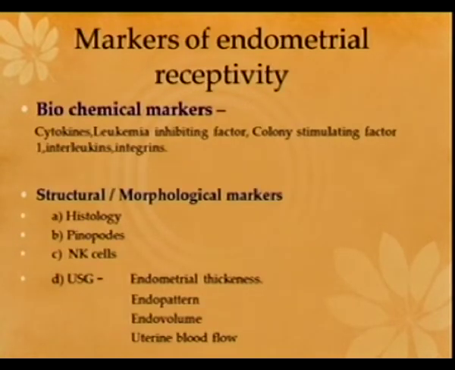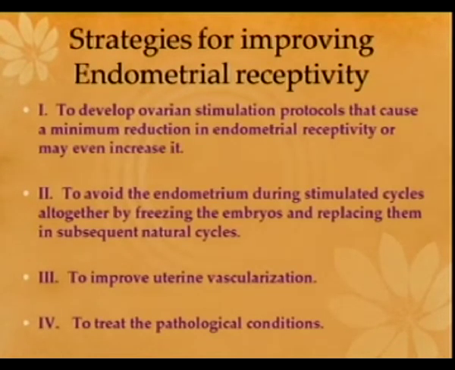We have to understand the markers of endometrial receptivity, including biochemical, structural, and ultrasound markers, because once all these are ruled out or on track, they will keep you and your patient on the proper stimulation and help in transferring a very good embryo.